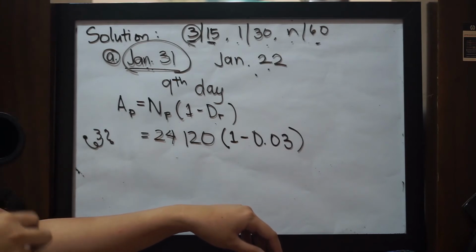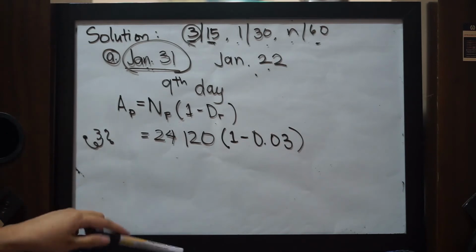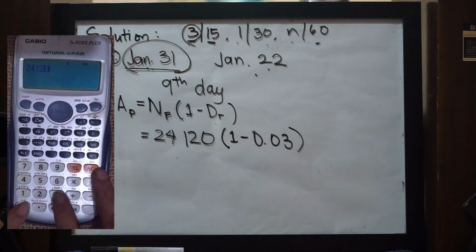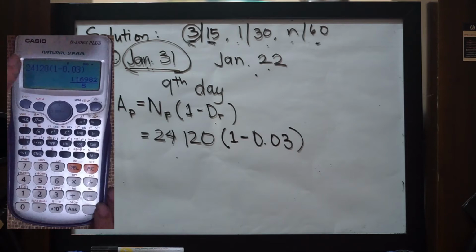So, you may directly solve this in your calculator by simply writing 24,120 open parentheses 1 minus 0.03 close parentheses, then equal sign.